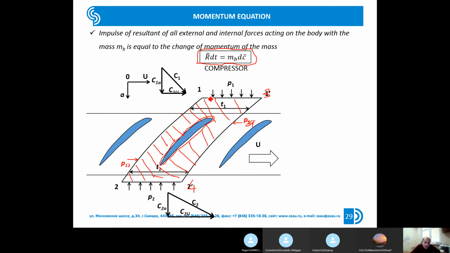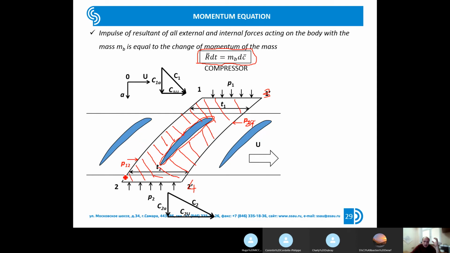We have the same line which comes from the section of the two channels with the same flow. We think that the flow inside the first channel and the flow inside the second channel are identical. And that's why this line and this line have the same pressure.